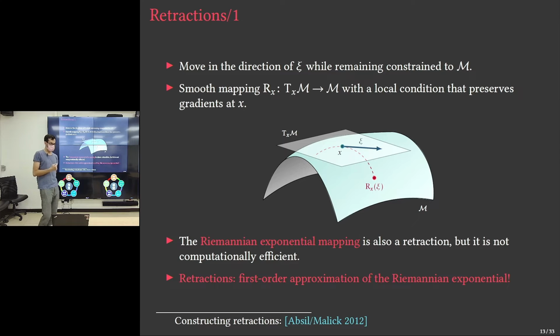So the Riemannian exponential mapping that we have seen before in this talk and previous talk is also a retraction. Because of course it allows us to remain constrained to the manifold, right? Because it maps from the tangent space to the manifold. But from the point of view of numerical algorithms, it's not computationally efficient in general, especially if you start to have big problems, okay?